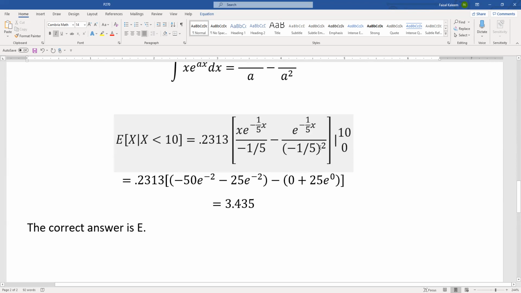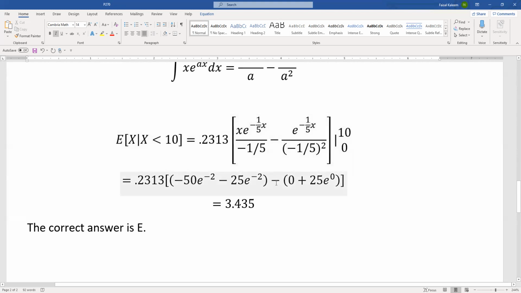Similarly over here, this is 25 when you bring it up, and so negative 25, and remember, this negative is killed by the square. So negative 25 e to the negative 2, because x is 10, and 10 over 5 is 2. So that's the upper limit 10.